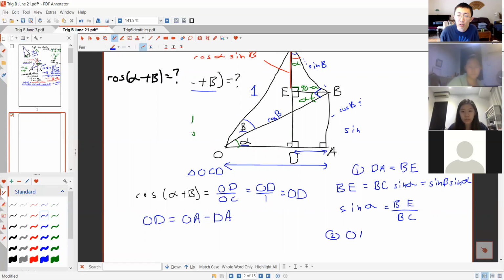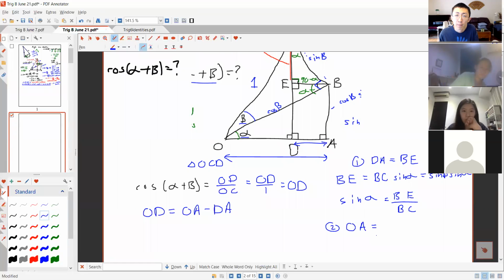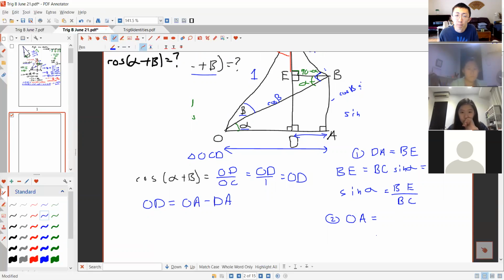Okay, and then what about OA? Can you find the length of OA? Is OA part of a triangle with alpha or beta as an acute angle?